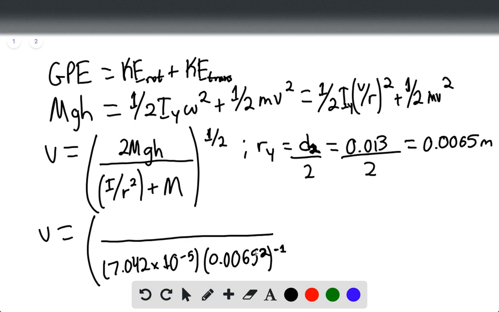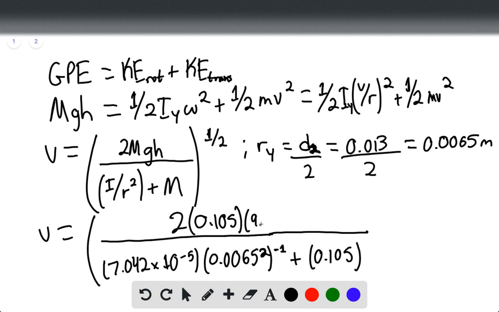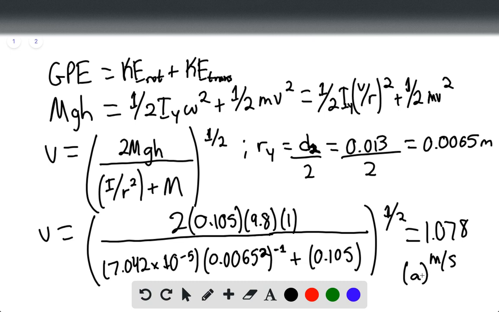This is a kind of a neater way of writing it, plus 0.105, and then 2 times the mass of the yo-yo, so 0.105, acceleration due to gravity 9.8, and then the height of 1 meter, all raised to the 1/2 power, and this is going to equal 1.078 meters per second. So this will be your answer for part A: 1.078 meters per second. This is the speed of the yo-yo after it has dropped 1 meter.